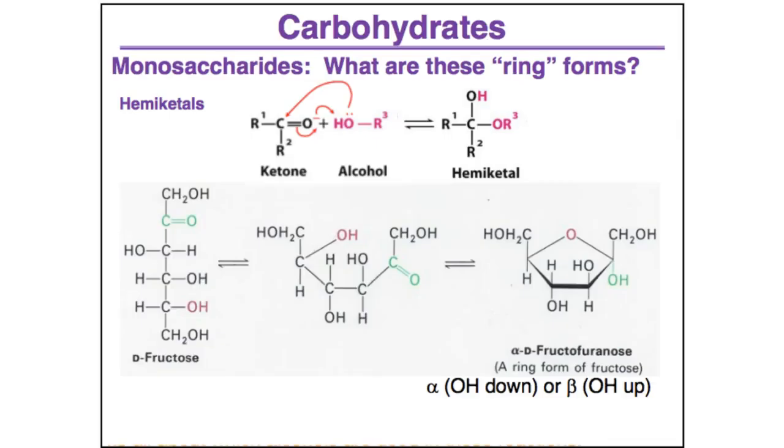This can also happen with the ketose version of the carbohydrates to form this opening and closing ring. And once again, when the hydroxyl group is pointing down, it is the alpha anomer, and when it is pointing up, it's in the beta form.